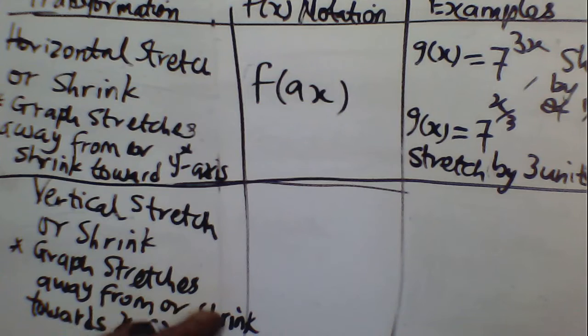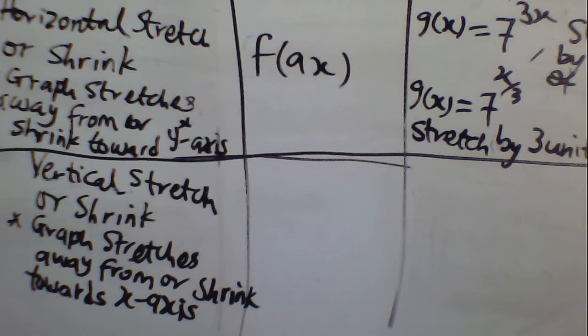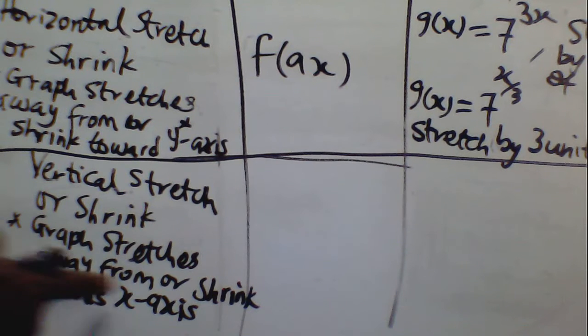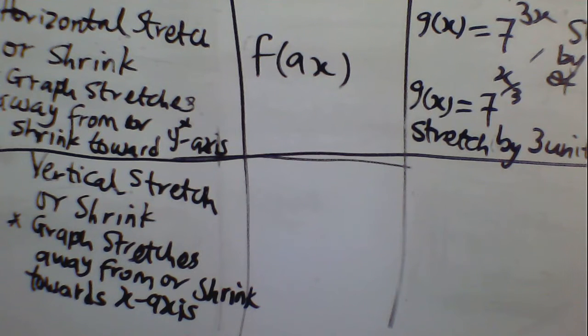The other one is the y-axis. This one is what? X-axis. To stretch, the graph stretches away from or shrinks towards the x-axis.